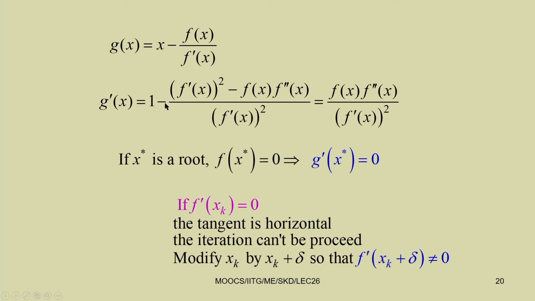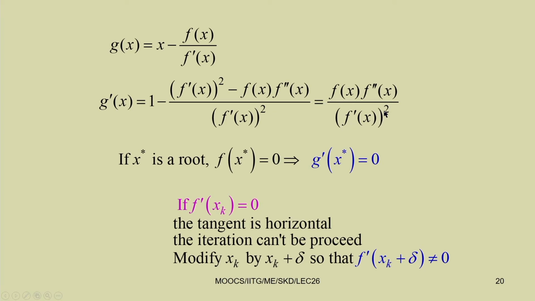So, f'(x) whole square minus f'(x) whole square will cancel, and what remains is f(x) into f''(x) by f'(x) whole square. So, g'(x) is nothing but f(x) into f''(x) divided by f'(x) whole square.